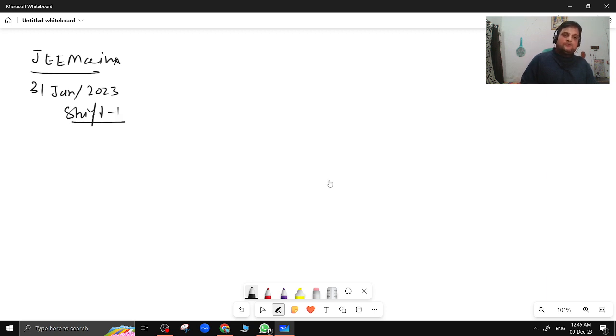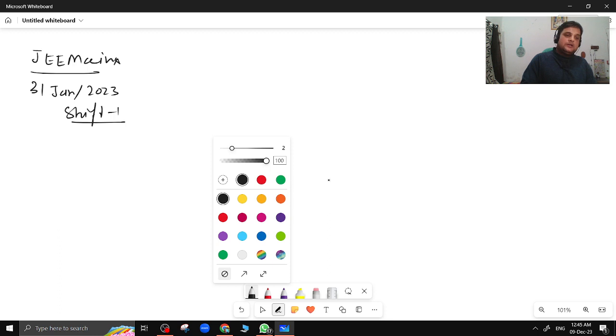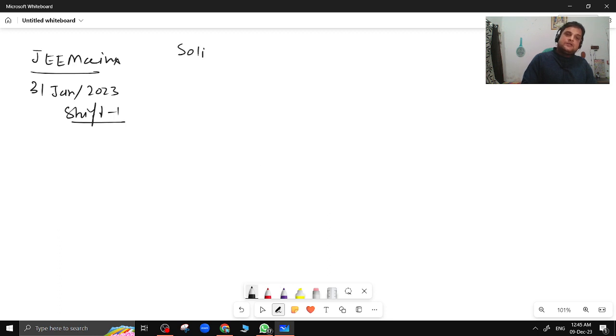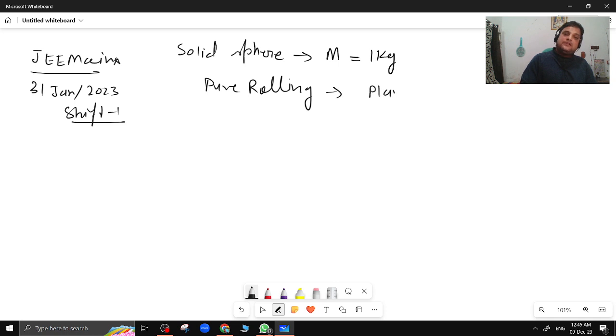In that question, there is a solid sphere of mass 1 kg. It was in pure rolling, and the surface was a plane surface.